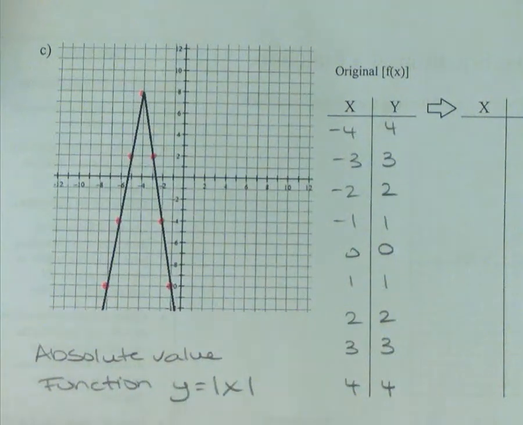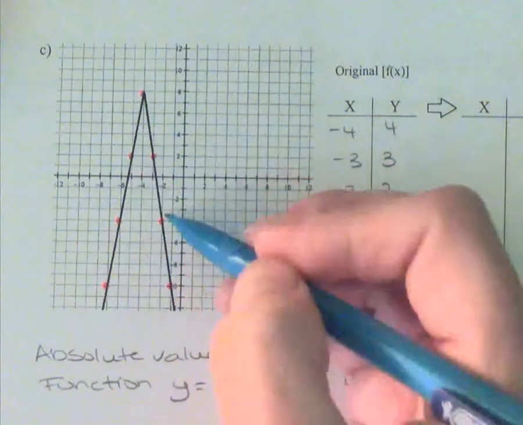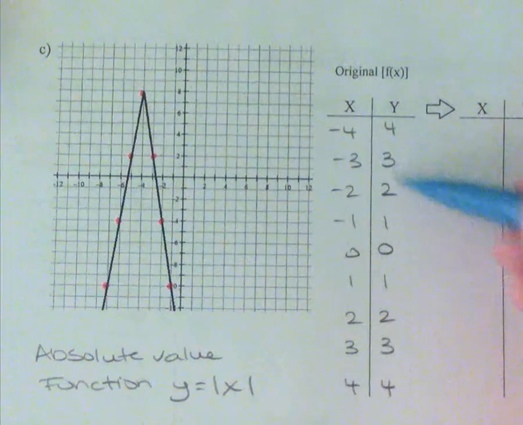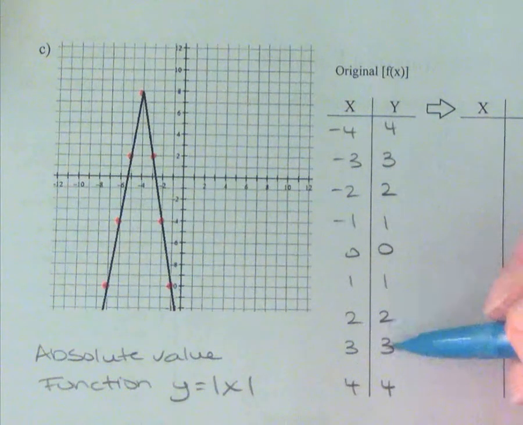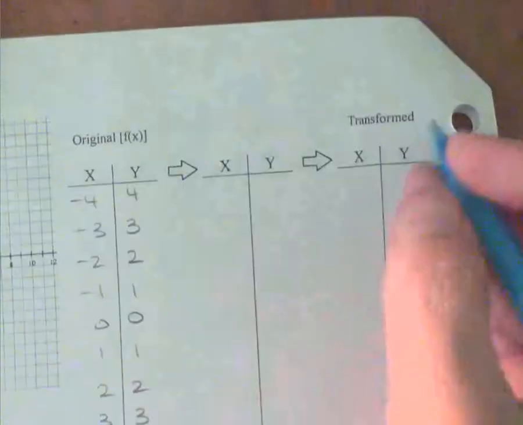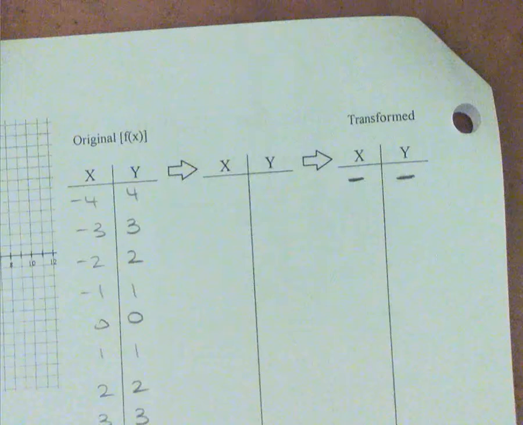So if I count, I have 1, 2, 3, 4, 5, 6, 7 points. If I look here, I have 1, 2, 3, 4, 5, 6, 7, 8, 9. So that means in my transform graph, I don't have a point for that one.